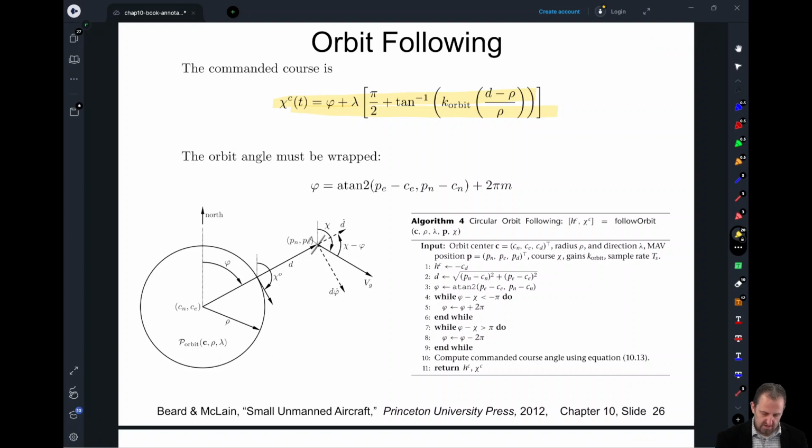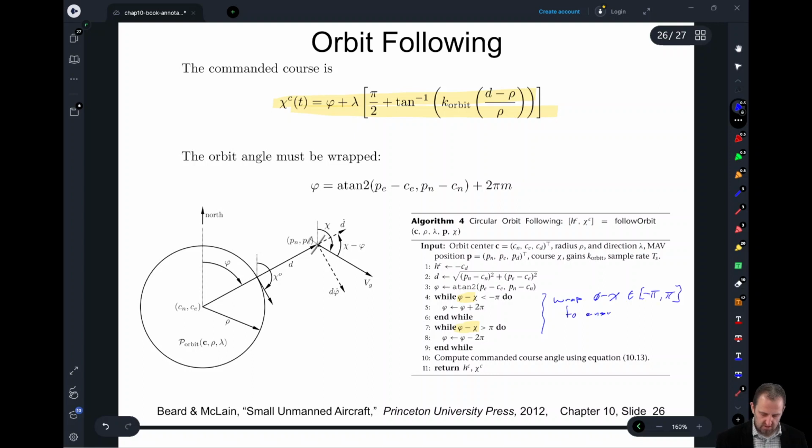We're going to wrap our function phi minus our course angle to be between negative pi and pi to ensure we turn in the correct direction. Otherwise, we could end up going in circles to get to the exact orientation we were already at. So then we compute the desired course angle and we send that in as a command.